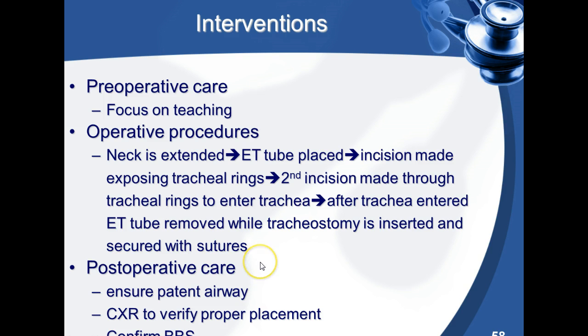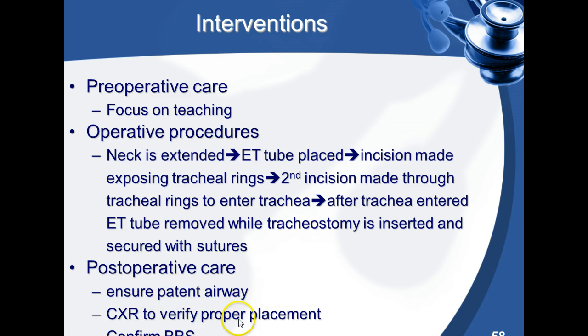So they do it like that. And depending on how long it stays in, it may have to heal over, because if they cough out that inner cannula, that's like a sentinel event.